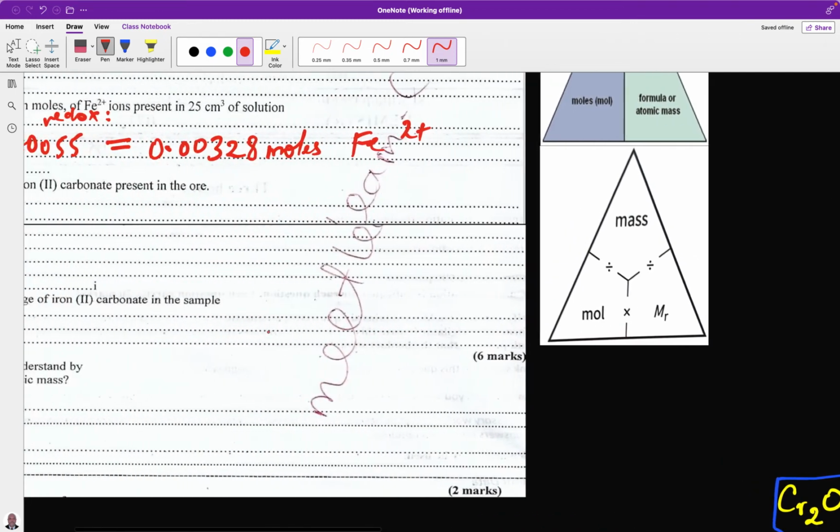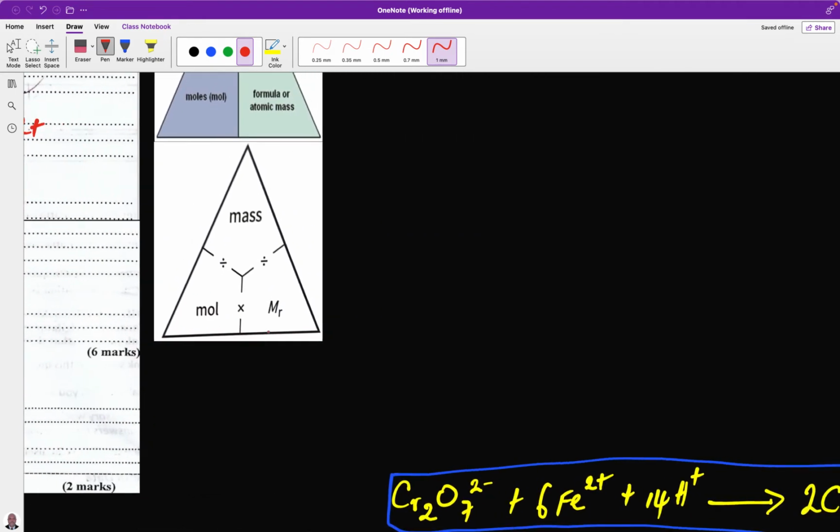Once more, you can say, if 1 mole of dichromate ion reacted with 6 moles of iron 2, then we are now saying that if 1 mole of this reacted with 6 moles, then how many moles of this?